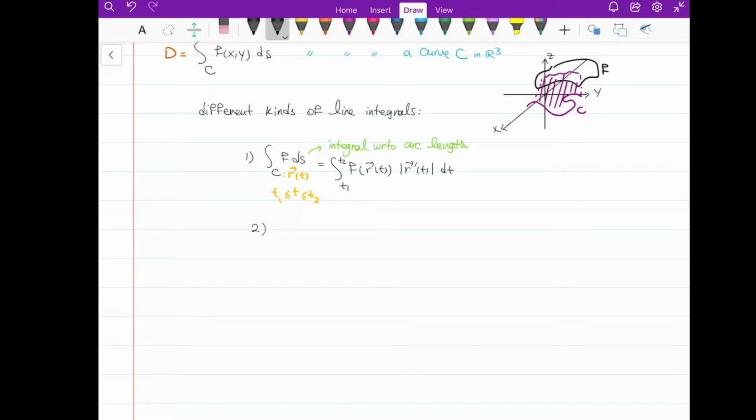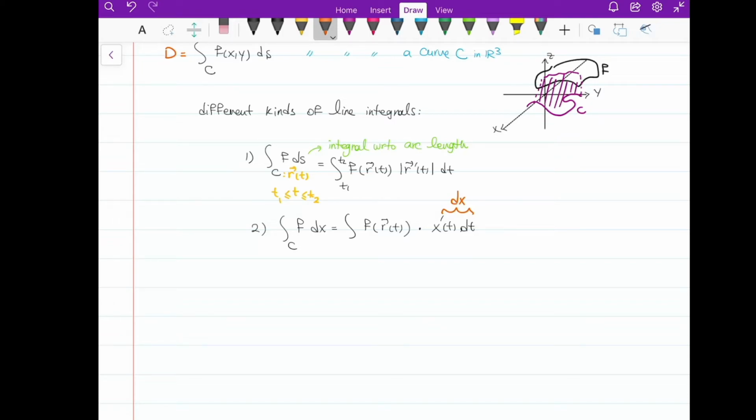The other one, I can write as f dx over C, which is basically the same thing. I plug my parameterization into the function, and then for dx I have x prime of t dt.